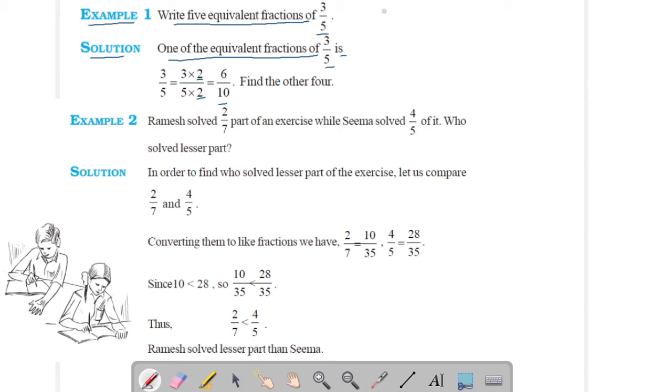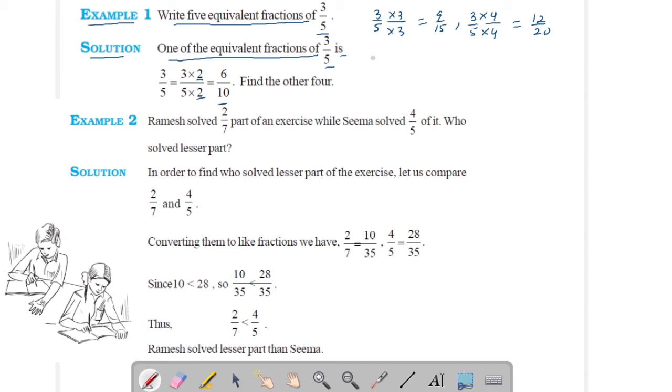That is, multiply 3 upon 5 by 3, both in numerator and denominator. You will get 9 upon 15. Then again multiply 3 upon 5 by 4, both in numerator and denominator. You will get 12 upon 20.